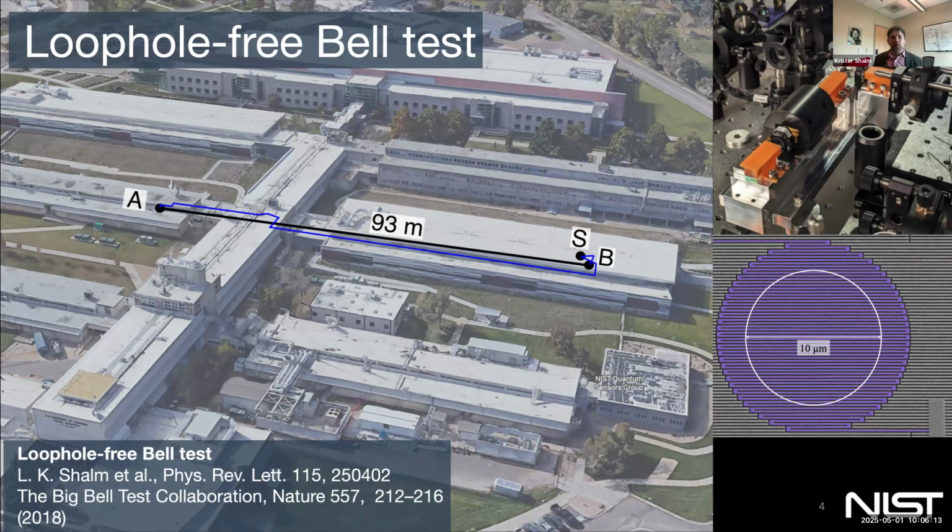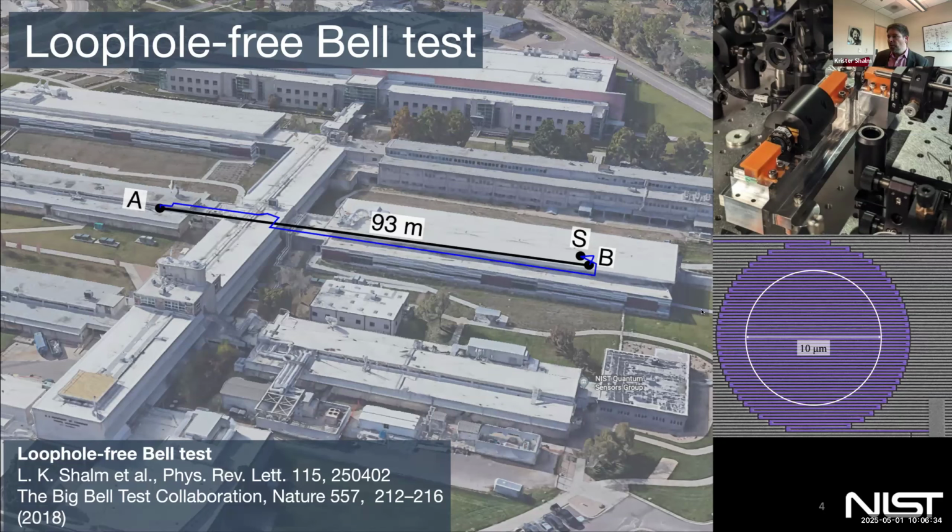These have been very foundational experiments in quantum information science, and they have pretty stringent requirements. You need to generate very high quality entanglement, and you can't have much loss in your system. If you lose more than a third of your photons, these experiments just aren't even possible.